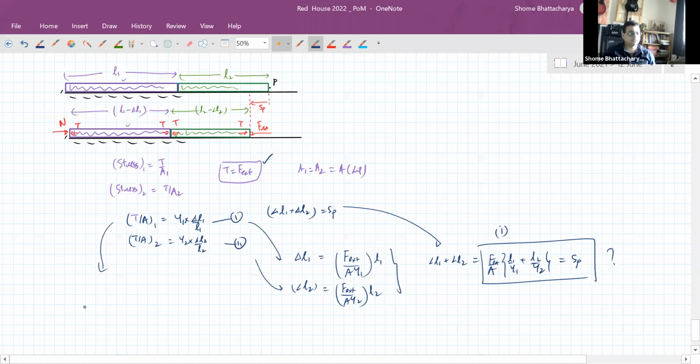And once we find that external force, we can also see from these two equations, if we just take the ratio that Y1 delta L1 by L1 is equal to Y2 delta L2 by L2, so delta L1 is to delta L2 is equal to Y2 is to Y1 into L1 is to L2.